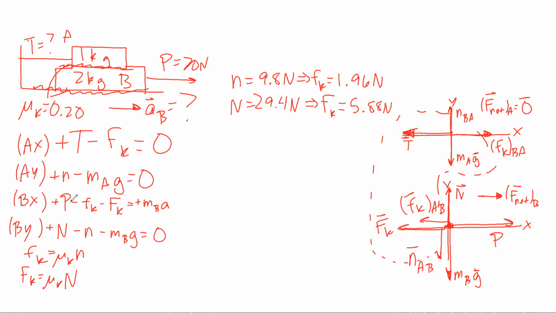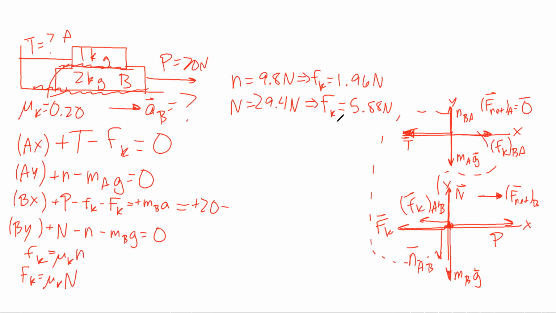If the push is 20, then this x equation, if you're trying to find acceleration, becomes 20 newtons minus 1.96 minus 5.88. 1.96 plus 5.88 is 6.84. Do I believe that, or is it 7.84 actually?